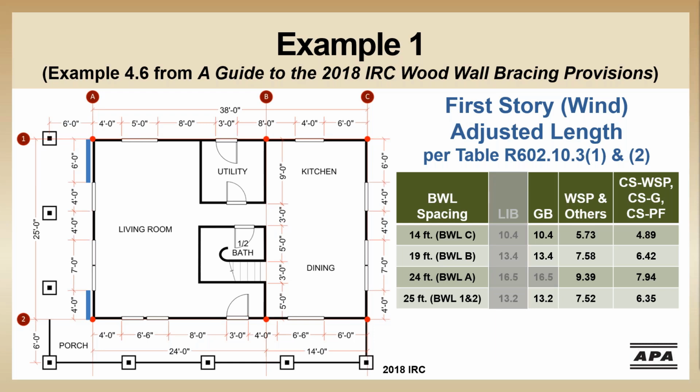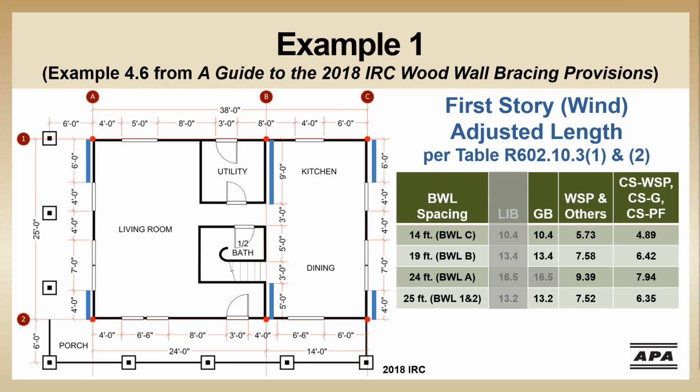If we look at braced wall line B next, it's apparent that we have plenty of wall length and can similarly use the 2 end portions as braced wall panels. And then braced wall line C is going to look pretty much just like braced wall line A.